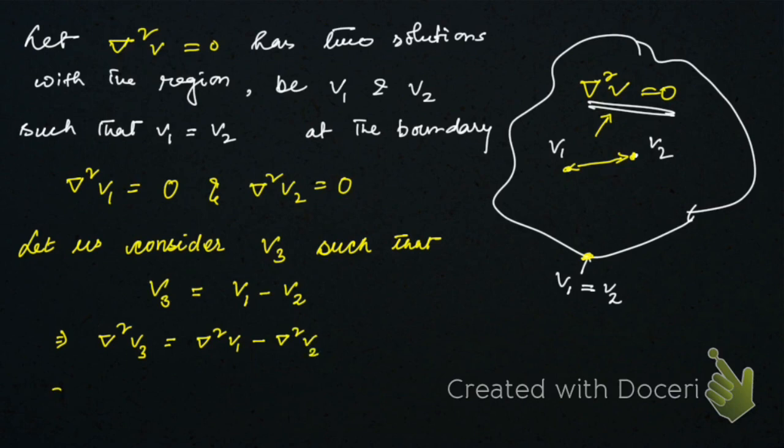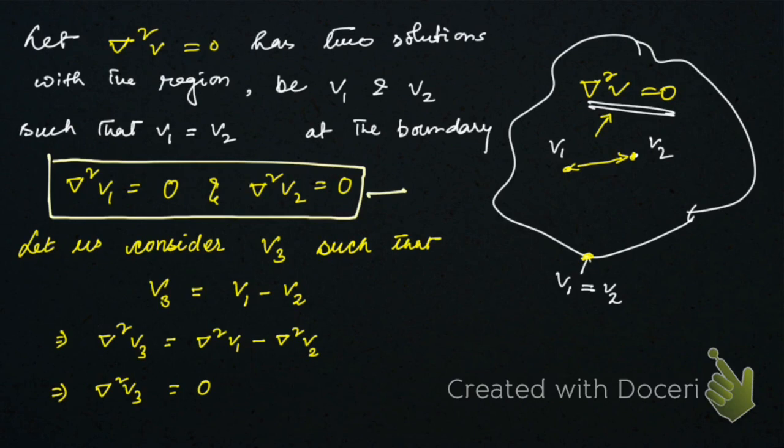So this must be equal to 0, because from equation number 1 we have del square V1 is 0 and del square V2 is also 0, so 0 minus 0 is 0.